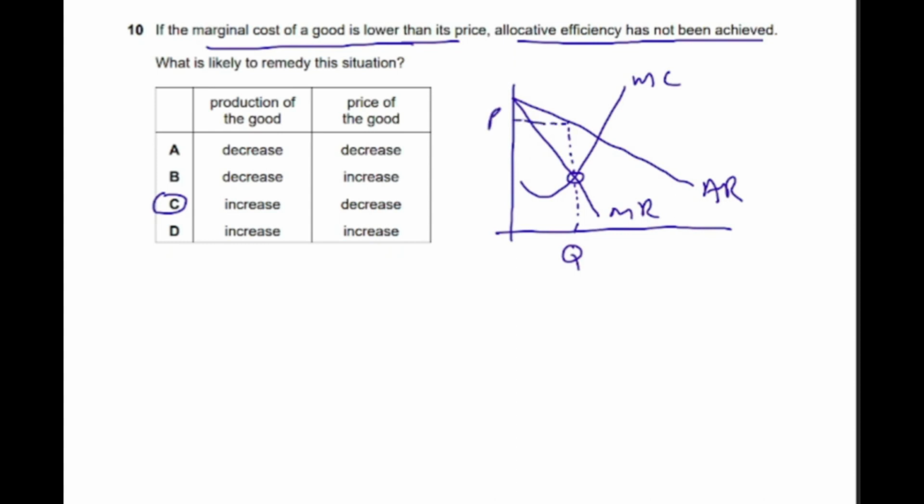So this is price P and quantity is Q. While allocative efficiency is achieved at a point where marginal cost is equal to average revenue, right? So this is the point where output should be produced to be allocatively efficient, and this should be the price for the allocatively efficient point. So output should rise and price should fall.